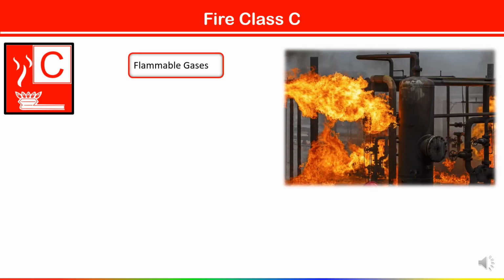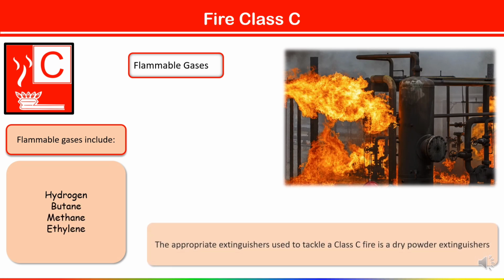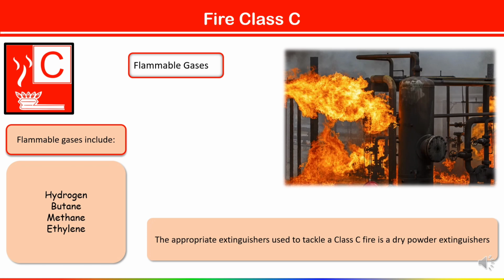So class C fires are fueled by flammable gases. Flammable gases include hydrogen, butane, methane, ethylene. So here the appropriate extinguisher which we have to use to tackle a class C fire is a dry powder extinguisher. It is the best extinguishing agent to tackle class C fire.